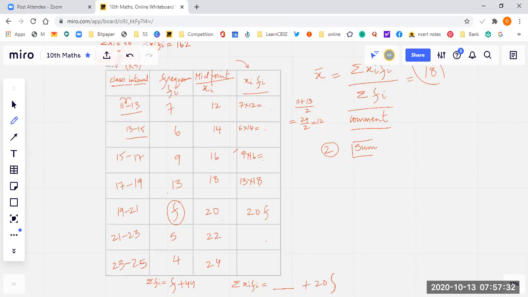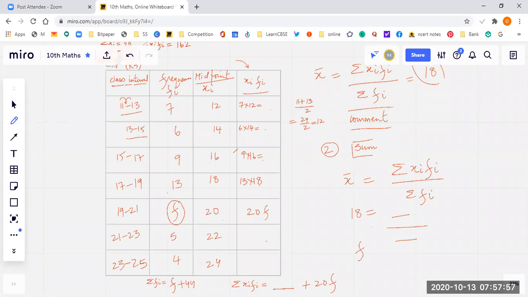So you got summation xi fi and summation fi also. Simply put them in the formula. X bar is equal to summation xi fi divided by summation fi. X bar is given as 18. Put this value and get the answer for f.